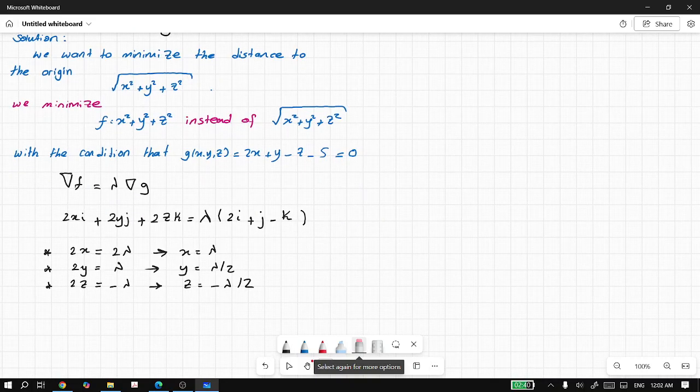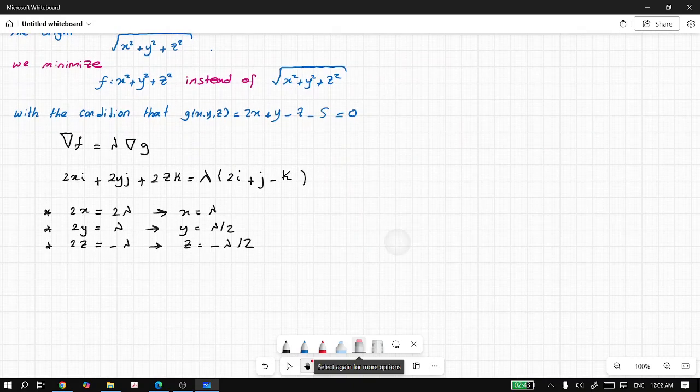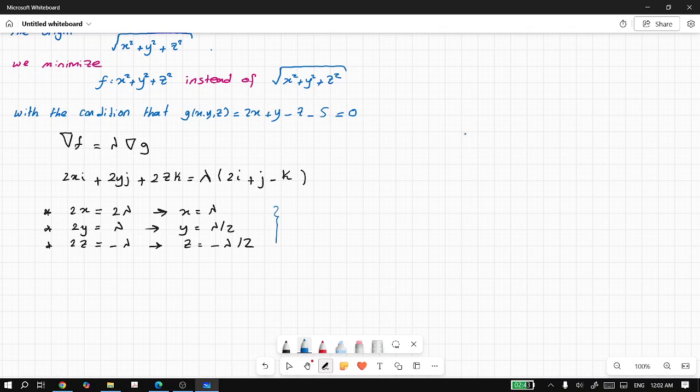How do we find lambda? Well, we have got the condition that g of x, y, z is equal to 0. So instead of each x, y, z in g, we are substituting the x, y, z that we have got in terms of lambda to find the value of lambda, and then we will get the values of x, y, z. So this is true with the condition that g of x, y, z is equal to 0.